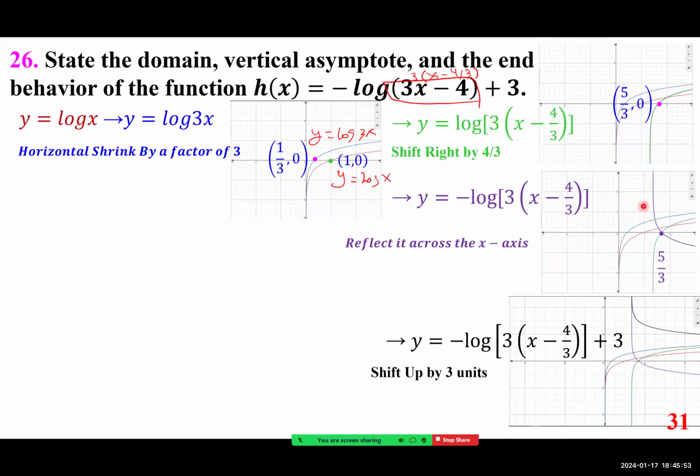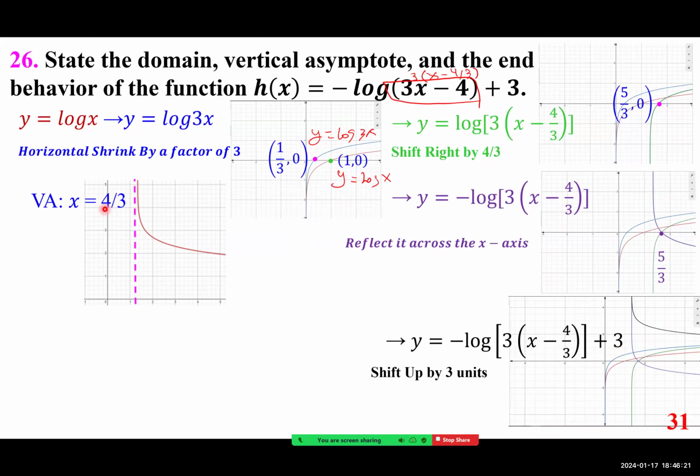So this purple one went up by 3 units. And so the x-intercept, which had the coordinates 5/3, 0, now has gone up to 5/3, 3. x equals 4/3.